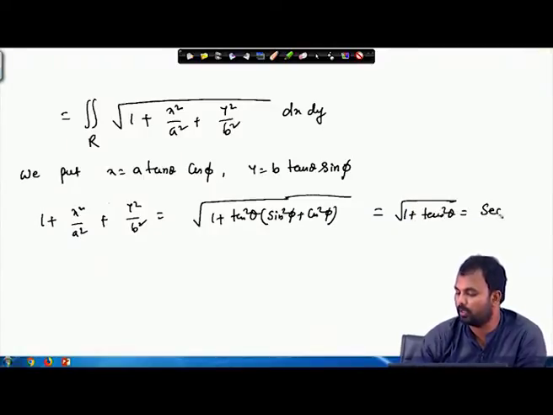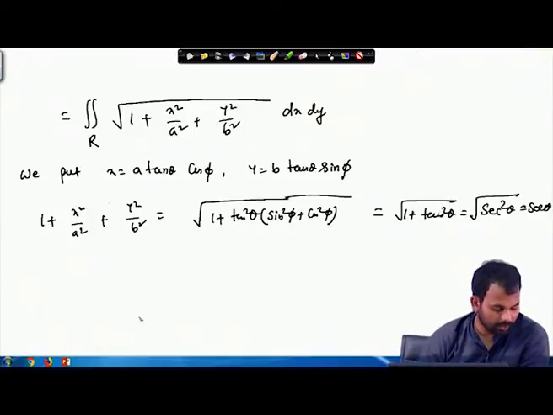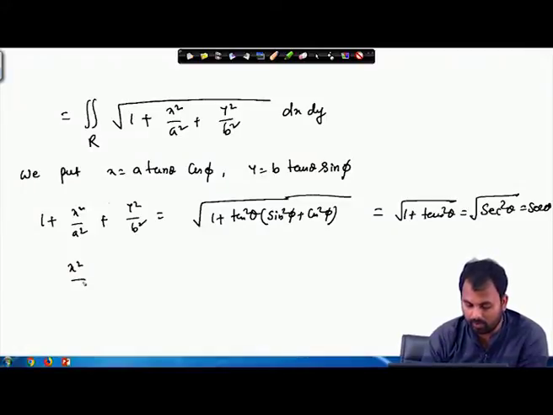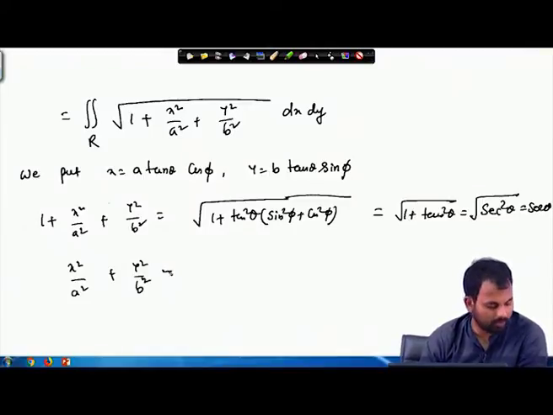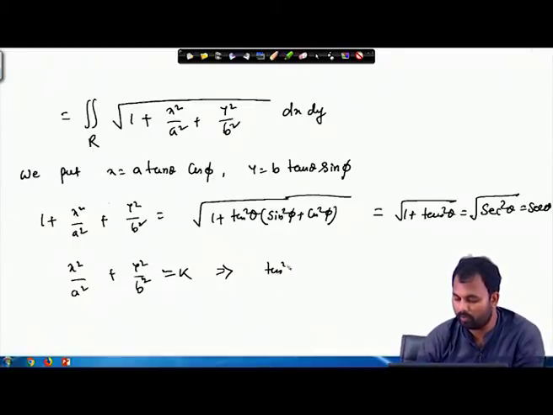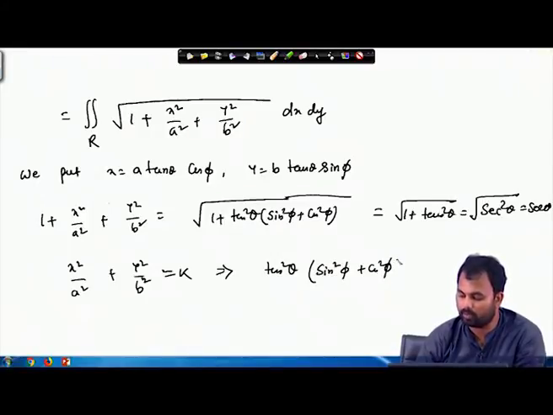So this is basically sec square theta under the root, that means sec theta, right. And our surface x square by a square plus y square by b square equals k will transform to tan square theta common, and then we will have sin square phi plus cos square phi. So this is our given surface.